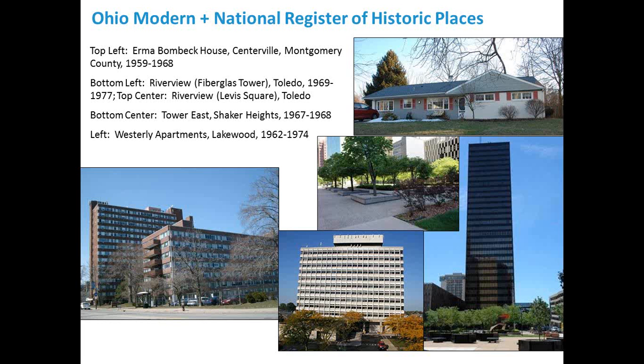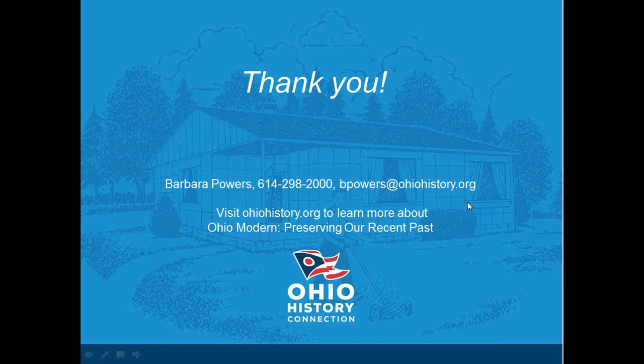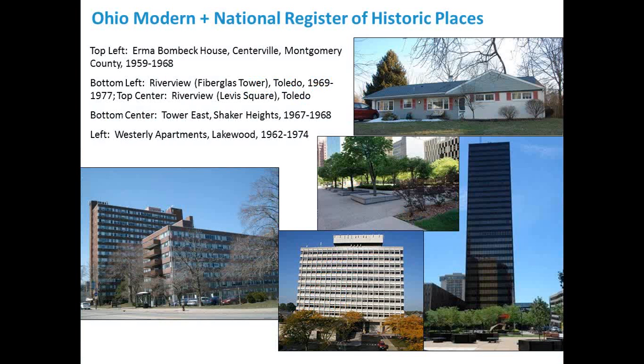Also, the fiberglass tower. This is an example of urban renewal development in Toledo. And it is an example of I.M. Pei urban planning design with the high-rise glass box fiberglass tower, the corporate headquarters for Owens Corning Fiberglass.